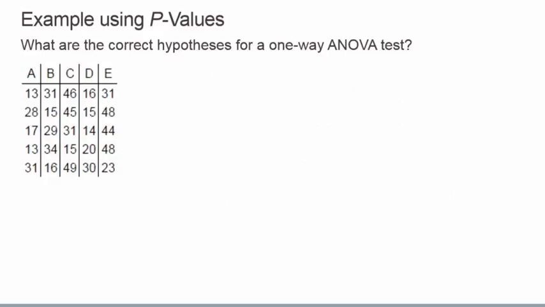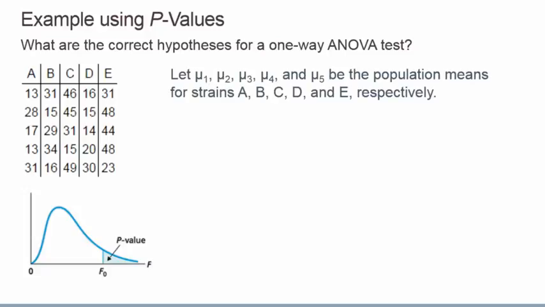Continuing with our example, what are the correct hypotheses for a one-way ANOVA test? So we have our F curve with the p-value shaded to the right of f sub 0. Let mu sub 1, mu sub 2, mu sub 3, mu sub 4, and mu sub 5 be the population means for strains A, B, C, D, and E, respectively.